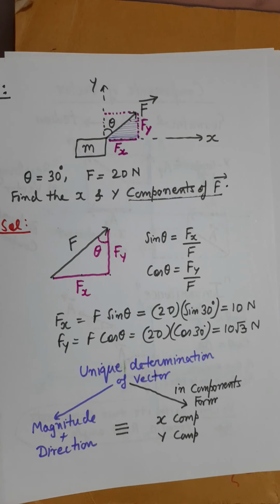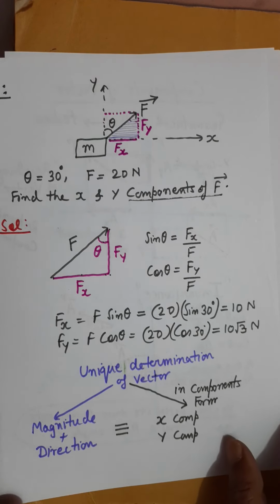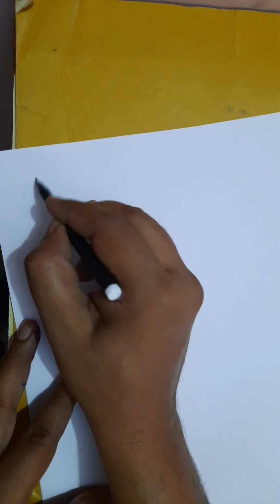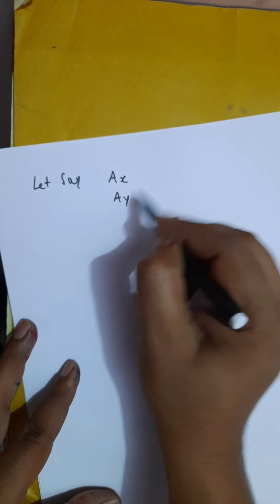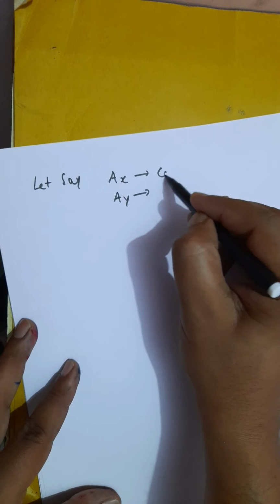Now, if I know the components, I want to go back now. If I know the components, then I can find what is the magnitude of the vector and what is the direction of the vector. And how can we find? Let's say ax and ay are components.